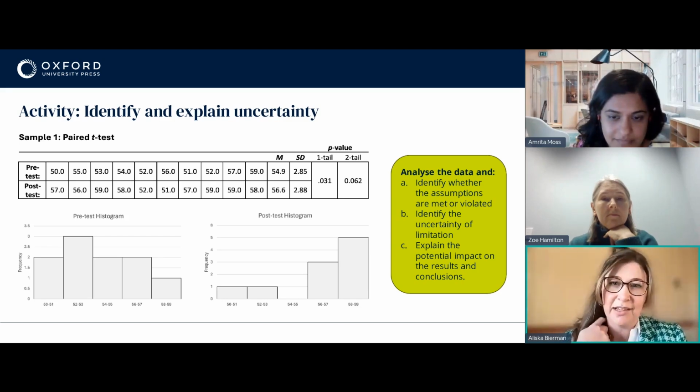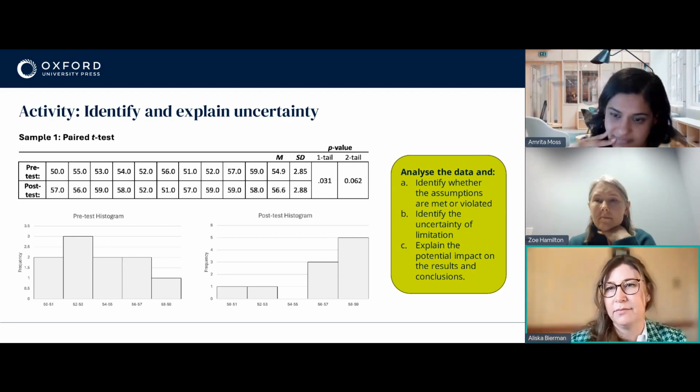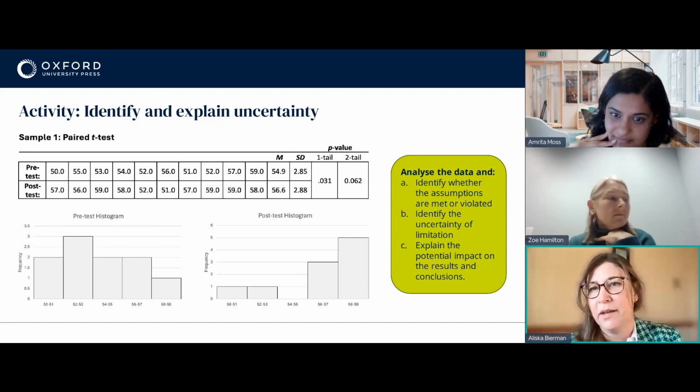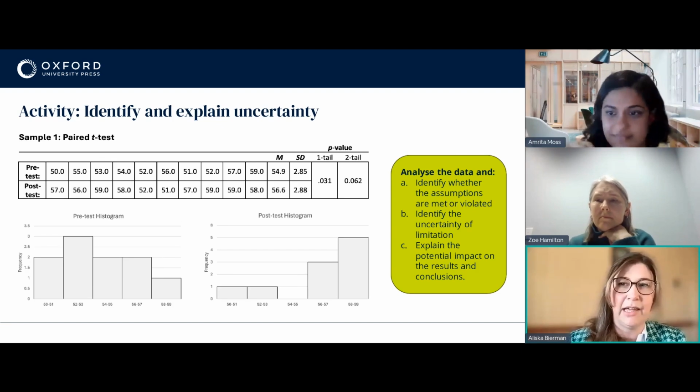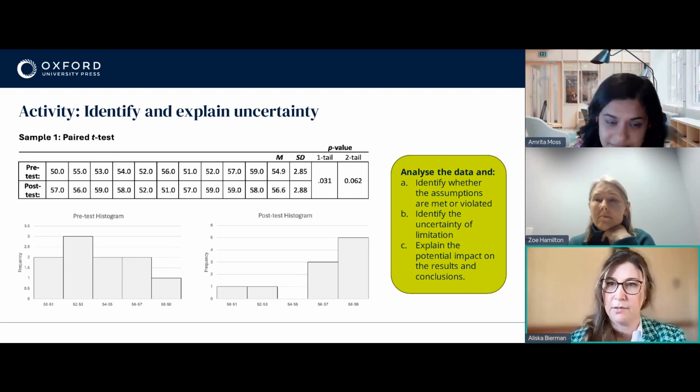So to get a bit of responses from you, we've got a poll. And the first poll is going to ask you whether the pre-test histogram has a normal distribution. Awesome. So for the first poll, we've got 8 saying yes, it's normal, and a few more.